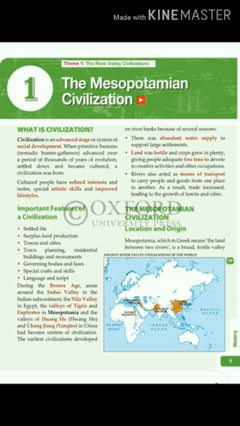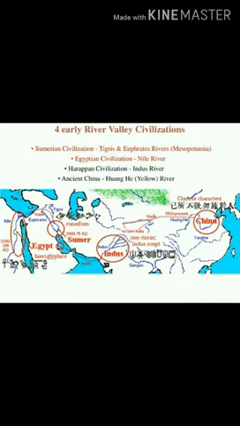Children, have you ever thought why most of the ancient civilizations flourished near the river valley? By seeing this map, it is very clear that all the major civilizations flourished near the rivers. Sumerian civilization developed near the Euphrates river.